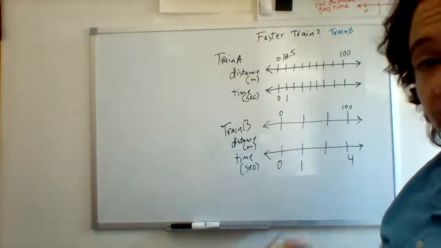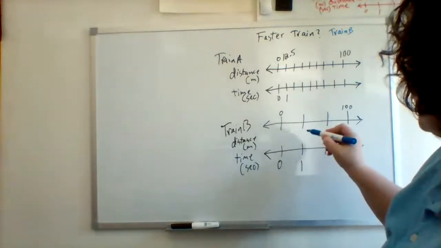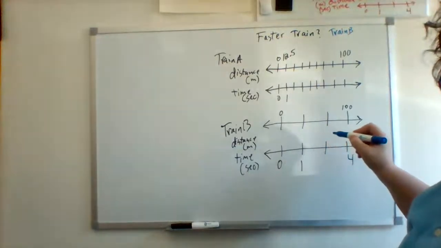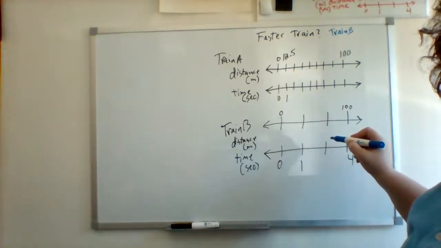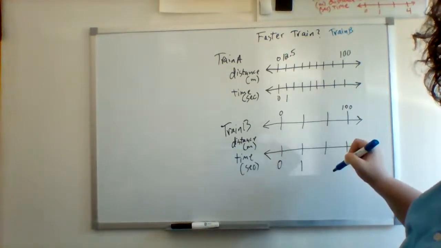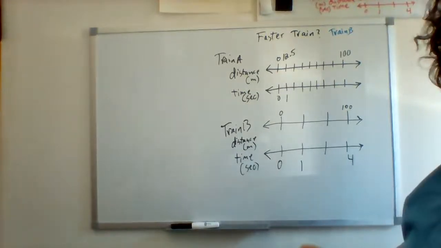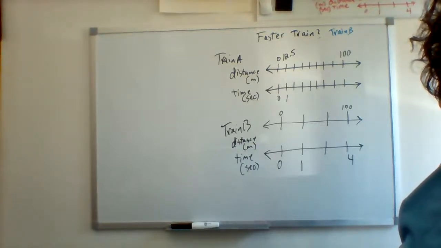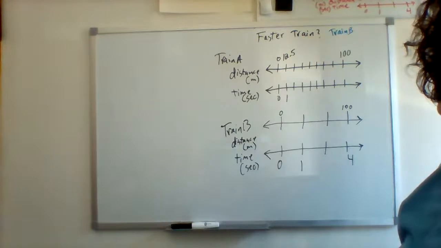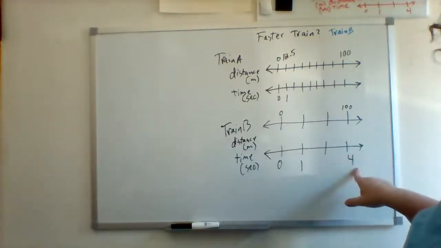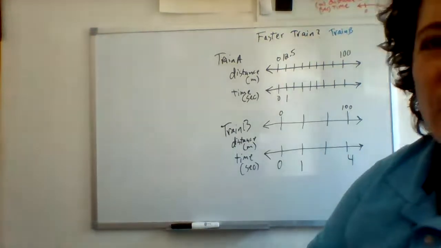Okay, let's see if it's gonna fit. If I count by 25s, did I do something wrong? Let me take a look at the book. Oh, so they didn't show us enough tick marks.